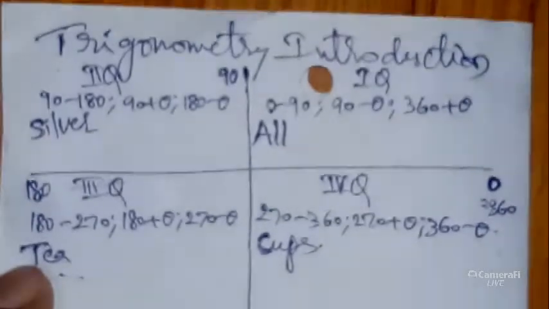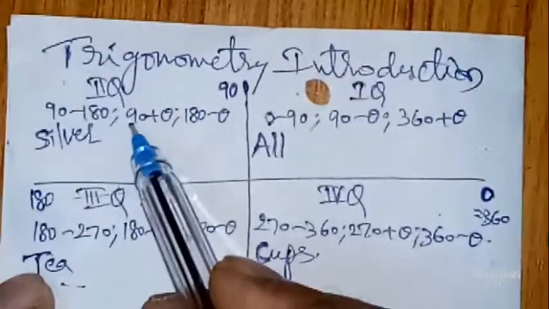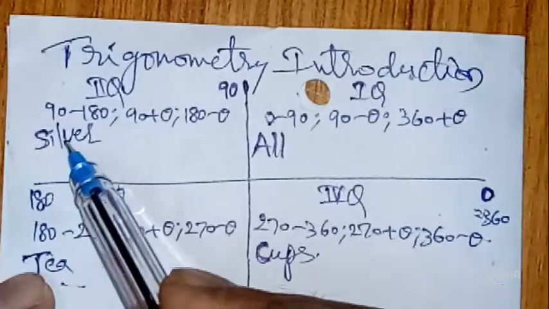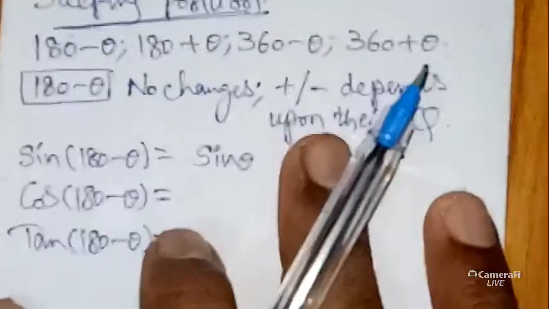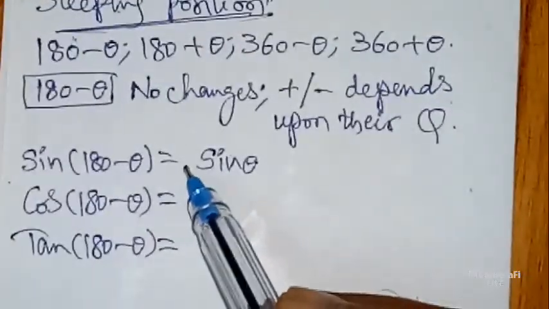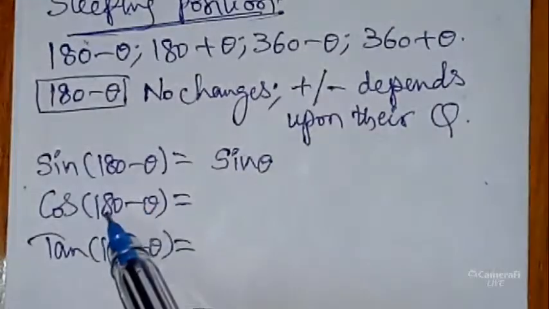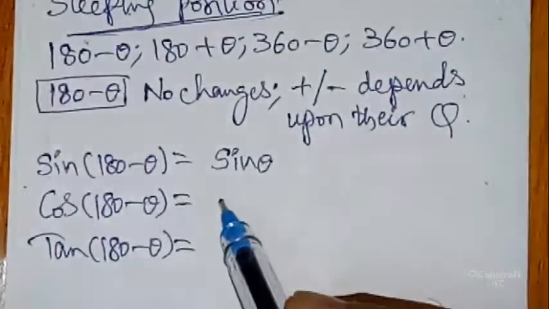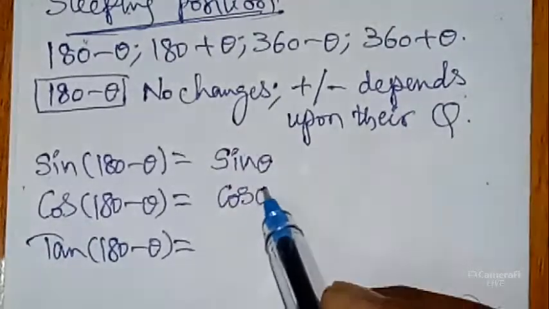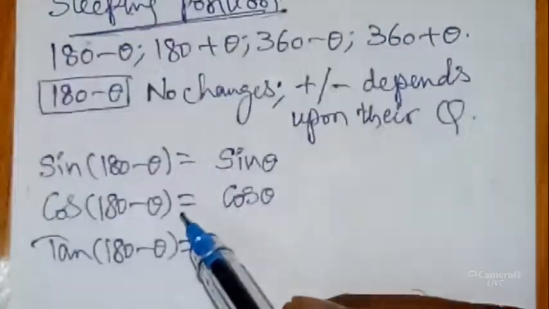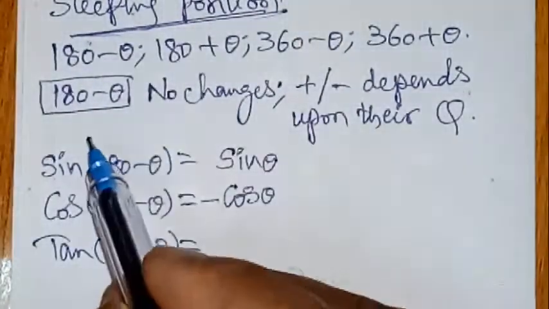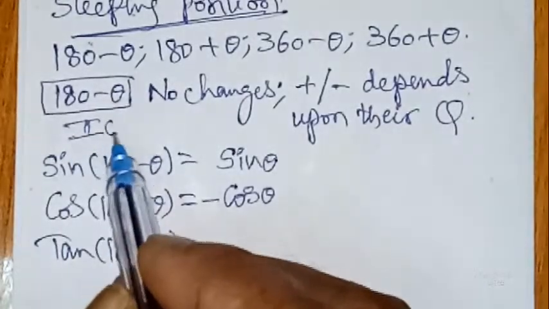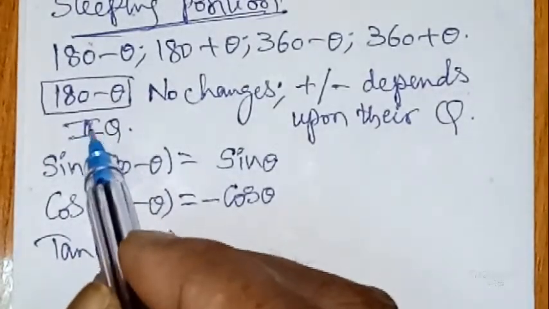What is that meaning? 180 minus theta. One second, I will go to the quadrants. 180 minus theta means second quadrant, sin and cosecant positive. So first of all, sin theta is positive. Okay, no need to write another symbol. So cos 180 minus theta: first of all, sin stays sin only, but cos theta is a negative symbol in the second quadrant. So 180 minus theta is related to the second quadrant.